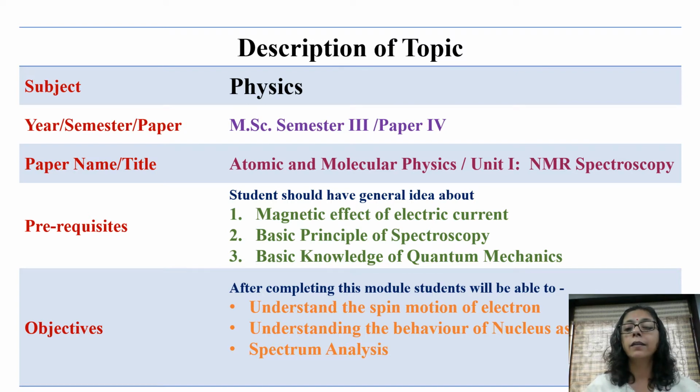Other than that, for studying spectroscopy, you have to have a basic knowledge of quantum mechanics. So these three things are prerequisites before moving on with the course. After completing this module, you will be able to understand a lot about NMR spectroscopy.